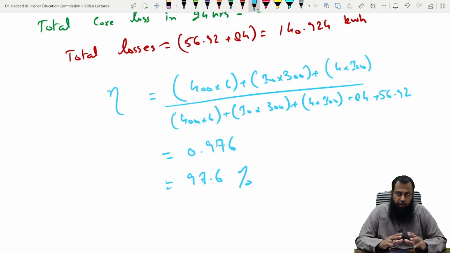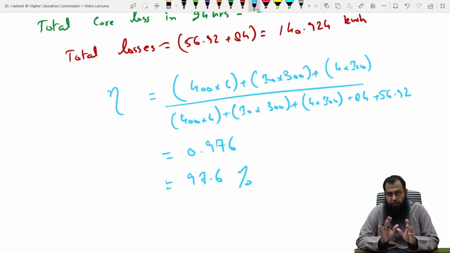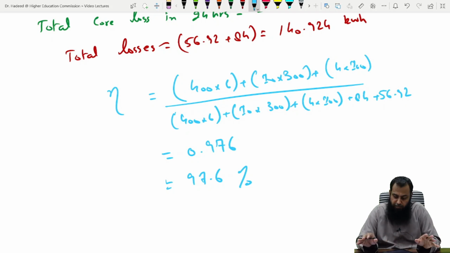Instead of having it concentrated on one given point, we expand the operation region, and thereby we calculate the total efficiency of a given transformer.